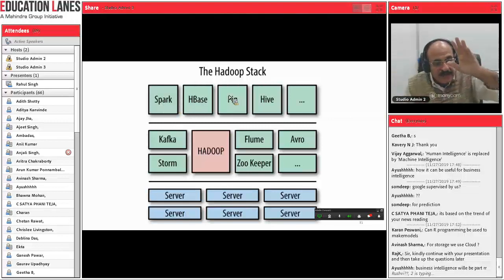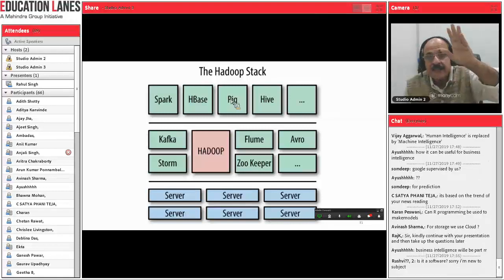So there are applications to analyze data. Spark is one of them. Read the data, extract the data. Pig and Hive are there. Then I'll come to Kafka separately.